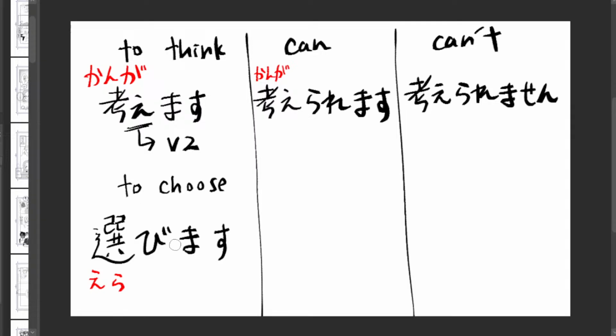So B is the sound from the column E... sorry, the verb is V1. If the verb is V1, to change it into can and can't, this B will have to change to the same sound from the column E, so it will become be. So to say that you can choose, 選べます.